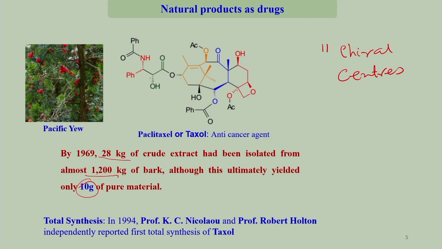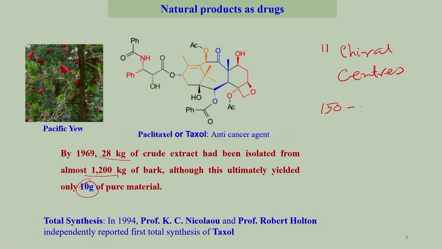From a whole 1200 kilogram of the bark, after lots of steps of chemical processing, you get down to only 10 gram of the pure material. And the typical dose of paclitaxel, depending upon the type of cancer, varies a lot of course, but is 150 to 170 milligram per dose, and that runs for weeks and weeks.